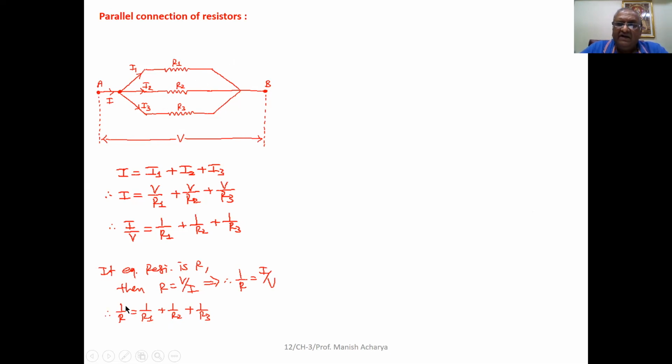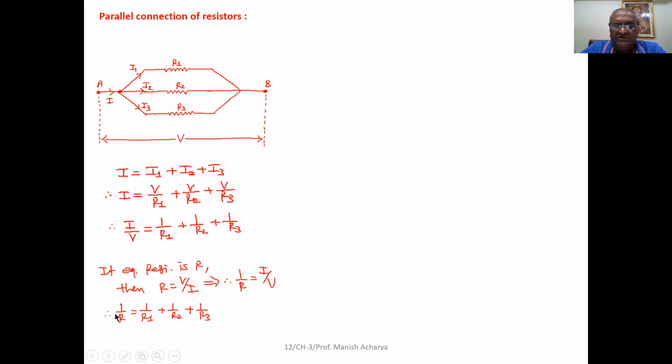So if equivalent resistance is R, then we can write R equal to V by I. So we can write 1 upon R is I by V. So in this equation, if we replace I by V with 1 upon R, then we can write the equation 1 upon R equal to 1 upon R1 plus 1 upon R2 plus 1 upon R3.